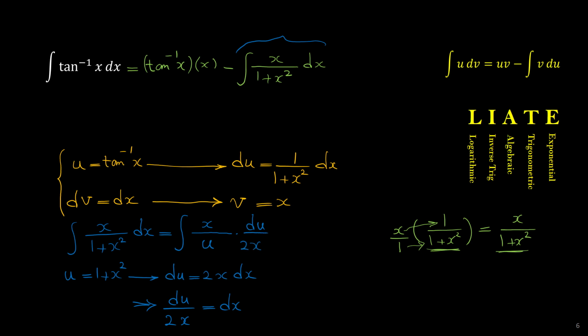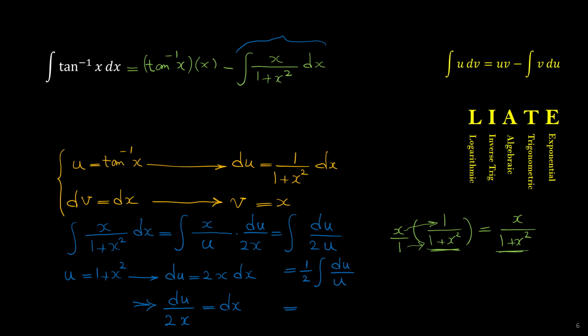Now if we cancel x from the top with the x from the bottom, we get to this integral of du over 2u. Because 2 is just a coefficient in the integral, we can pull out this 2, and so this equals 1/2 integral of du over u.